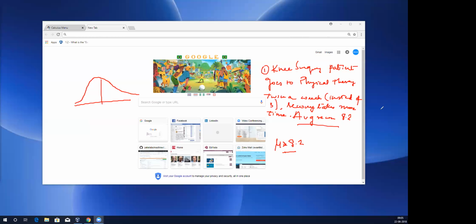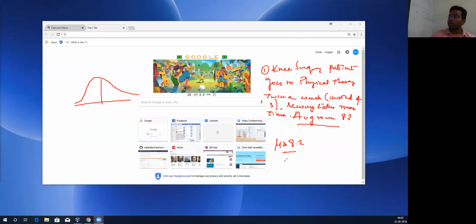So if his assumption is true, the mean will be greater than 8.2.